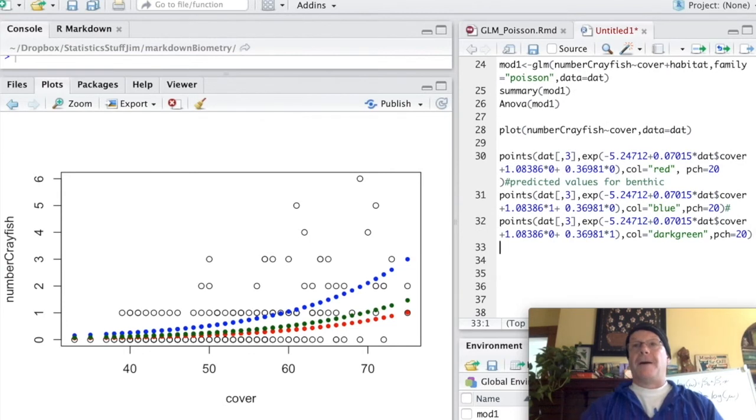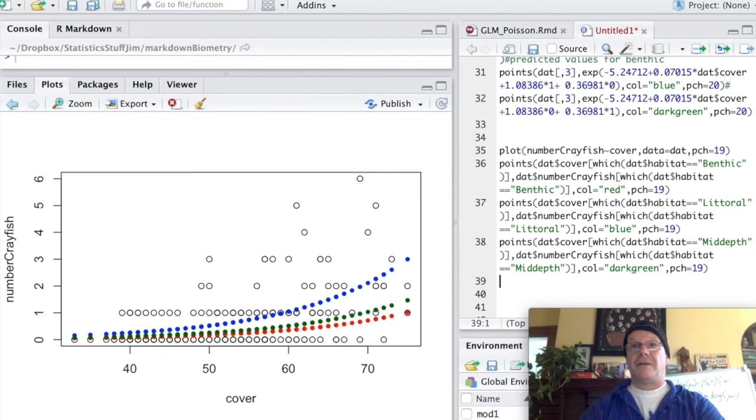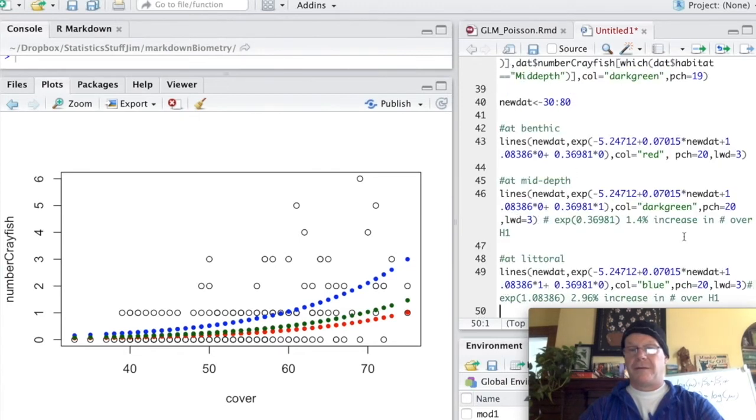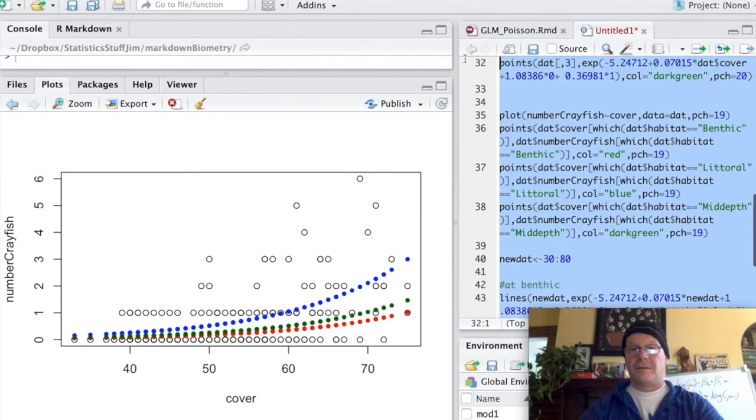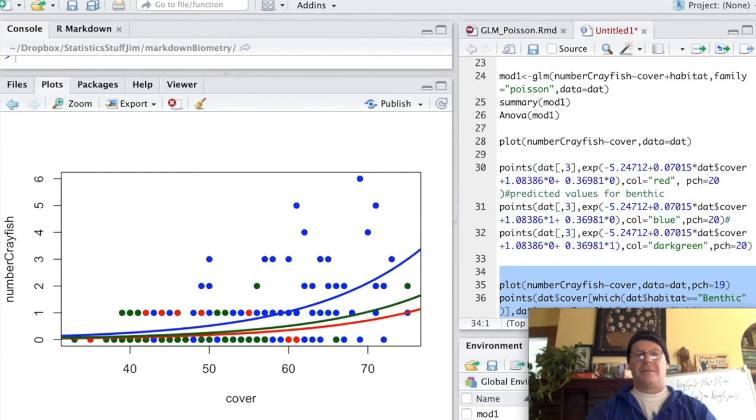Okay, we could also plot, and this is posted with the code, so we don't have to go through it, but instead of doing that, what I can do is draw lines, because it might look fancier. Looks something like that.